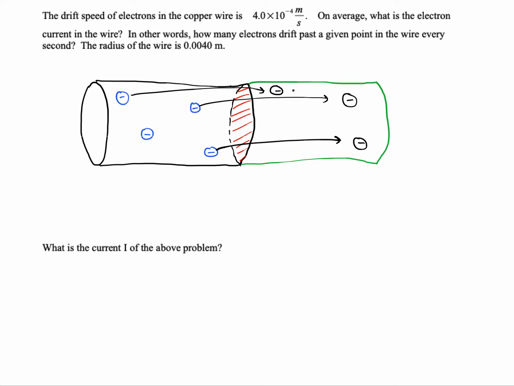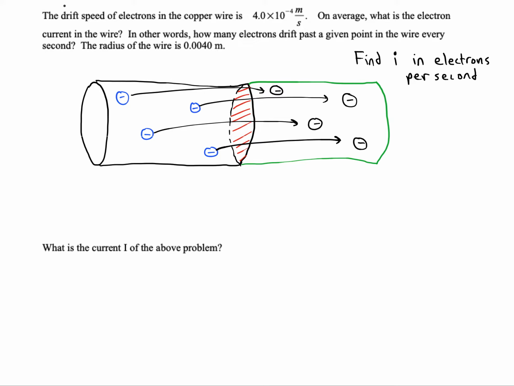They're all going to pass through this red boundary. And we want to identify what is the electron current I, it's called, in electrons per second.